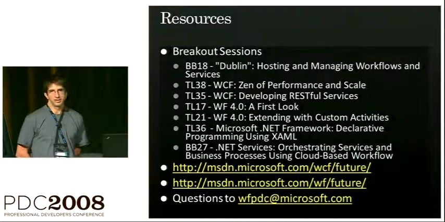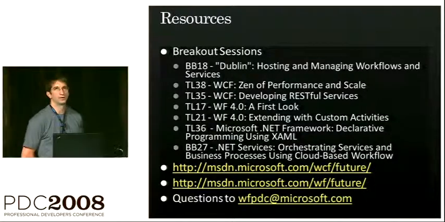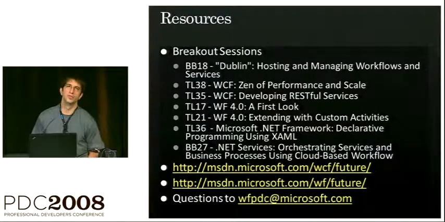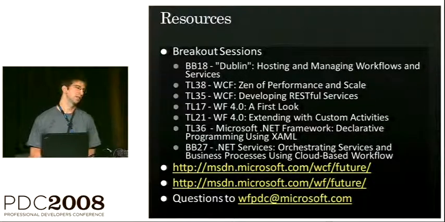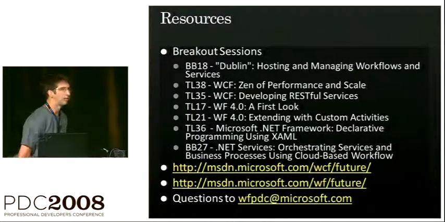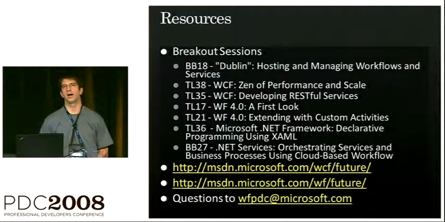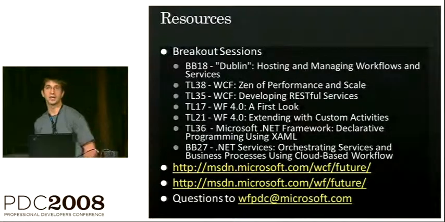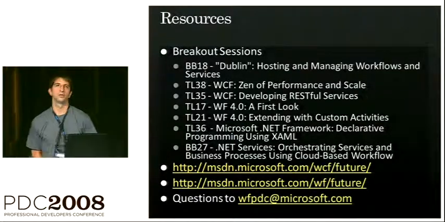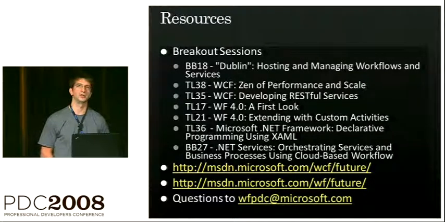So we definitely addressed that with the management endpoint that I brought up. In the 4.0 timeframe, you're able to use messaging in order to control individual workflow instances. For 3.5, the best thing that I can suggest is extending WCF, writing an extension to your host in order to manage instance interactions.